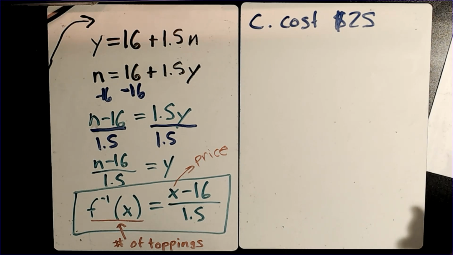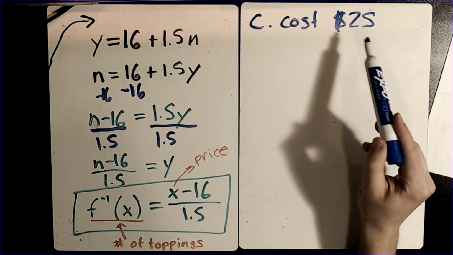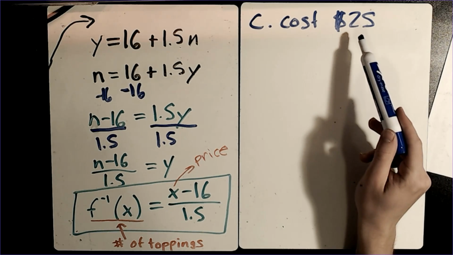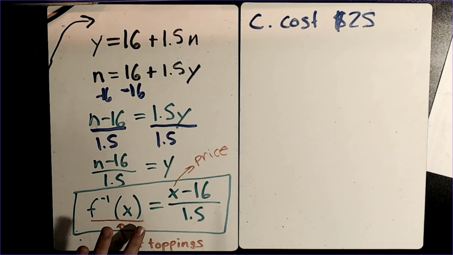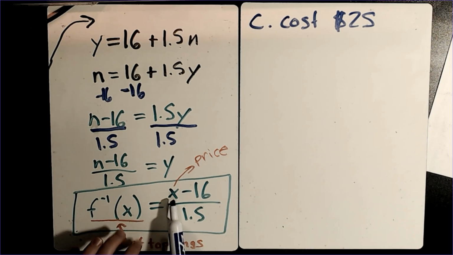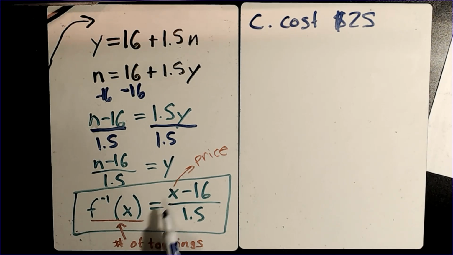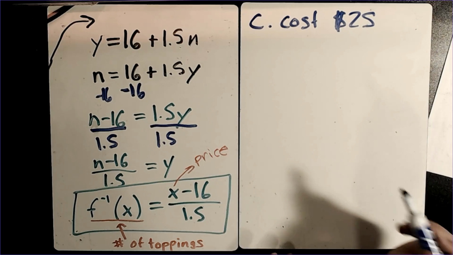Okay, so which function do we want to use? We could use the original function that we came up with, but actually the one that we'll want to use is the inverse, because you plug the price or the cost into it and you get out the number of toppings. So that's what we're looking for, is the number of toppings.